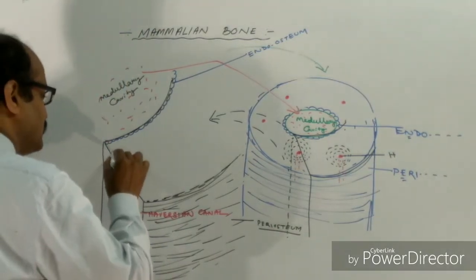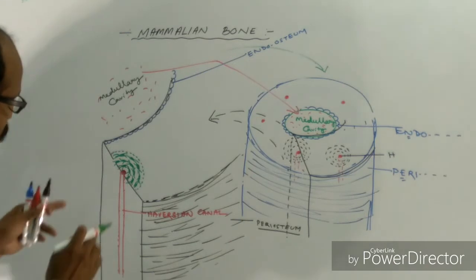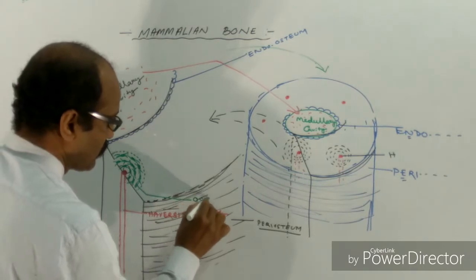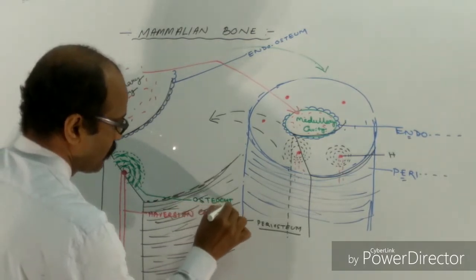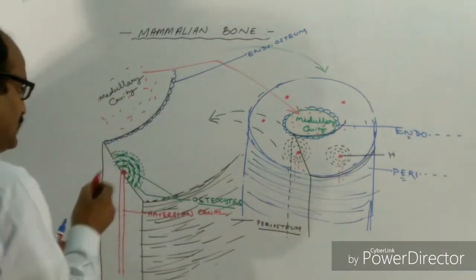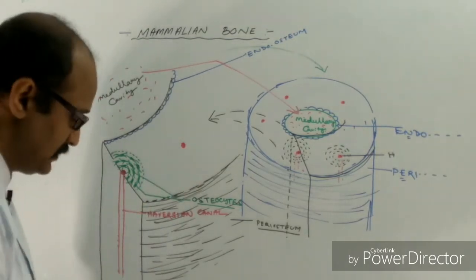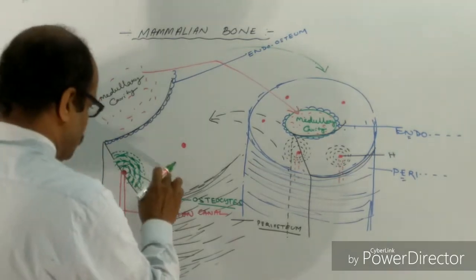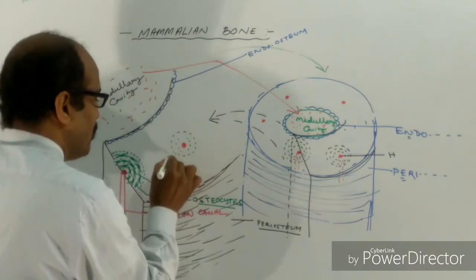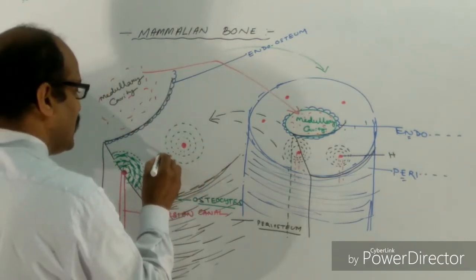So suppose that this is one arrangement of the bone cells. These are the osteocytes. Suppose that this is another Haversian Canal. As I see, around the Haversian Canal, about 20 concentric layers of bone cells are present.